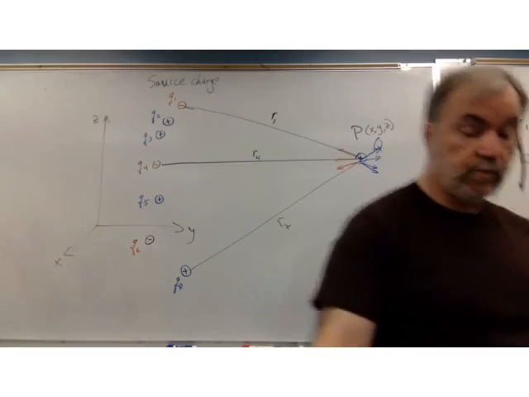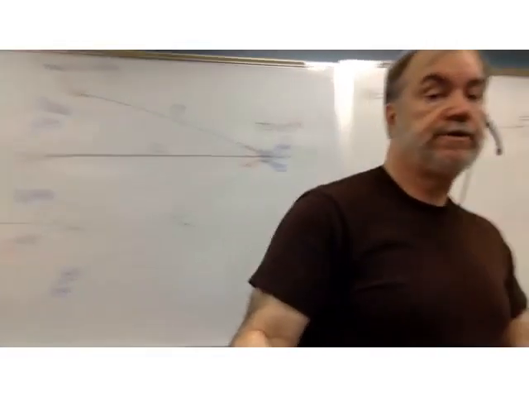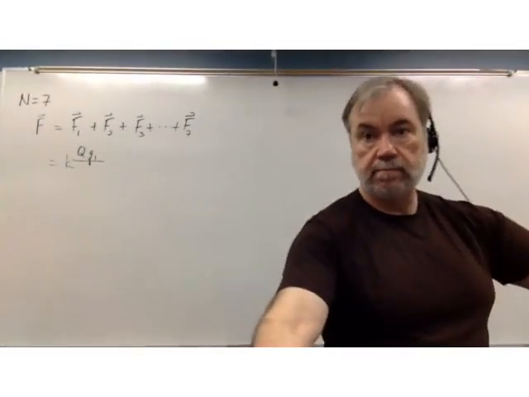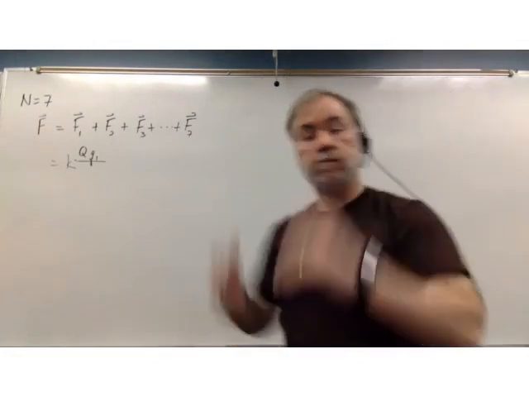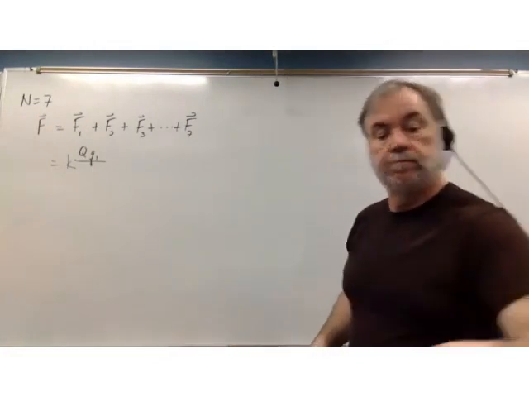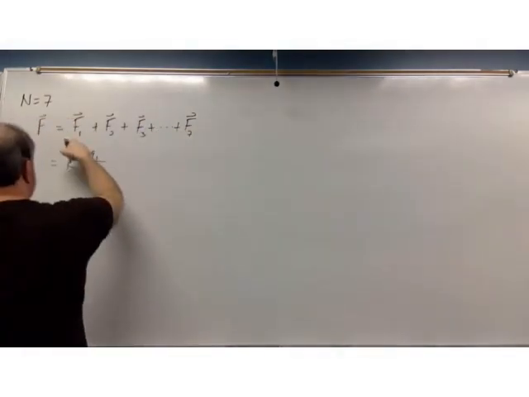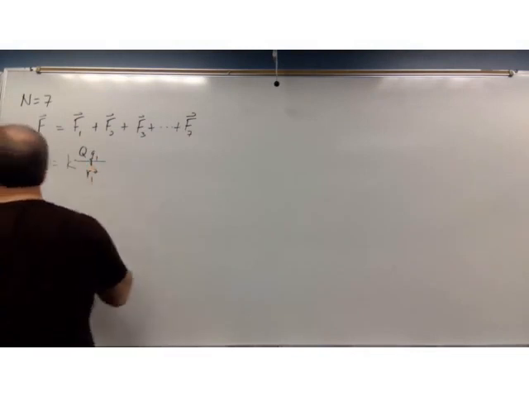And so that is what I will put in the denominator of my force calculations over here. Okay, so the force on capital Q due to Q1 is going to be R1 squared.